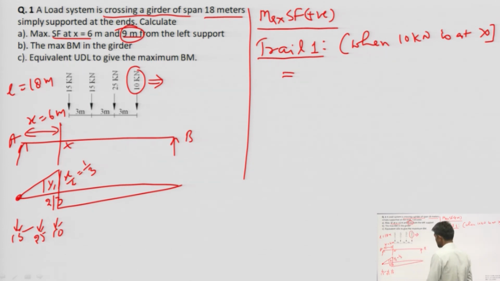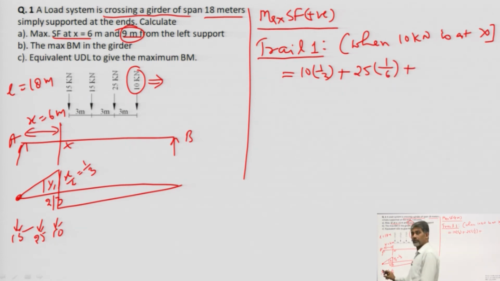The calculation is simple and its value will be 10 multiplied by which distance? 1 by 3, plus 25 multiplied by 1 by 6, plus 15 kilonewton load multiplied by 0, because this point is at A due to the spacing between the loads.